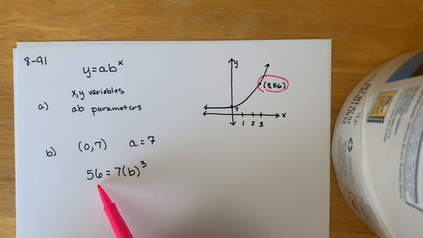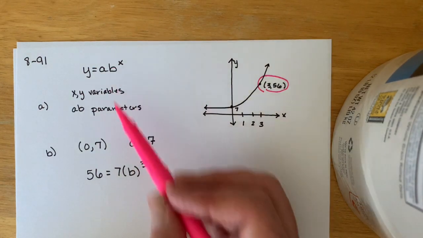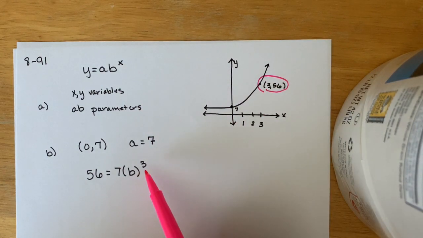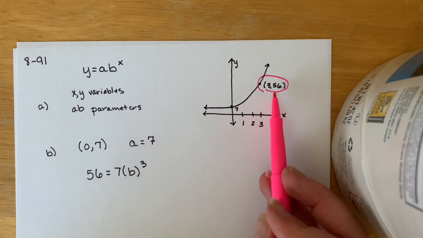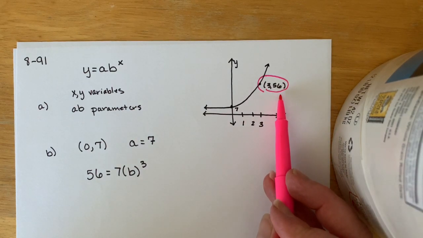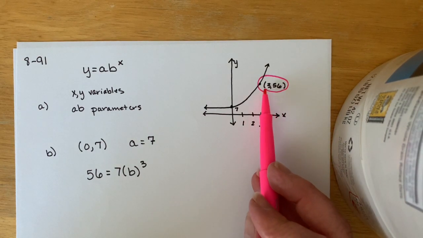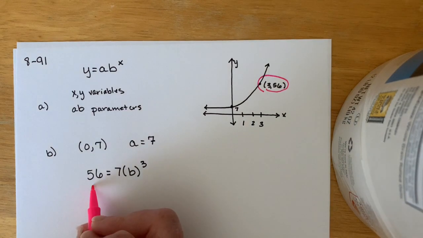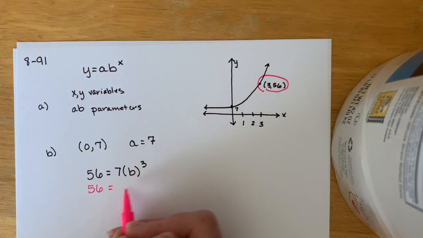They used 56 as the y, they used the y-intercept of 7, and they used x as 3. This is an important part that we can do: we can take that point, and always remember that the point is just x, y, and so you can use that information in your problem. So we actually have that 56 equals 7 times b to the third power.